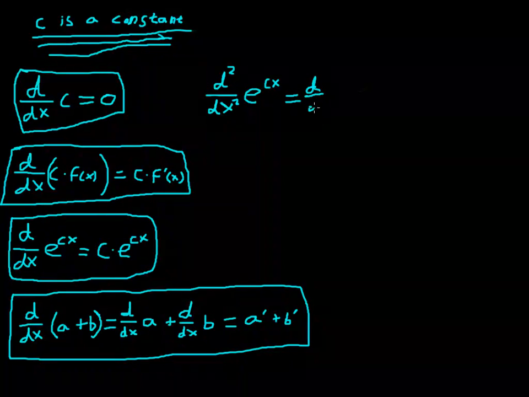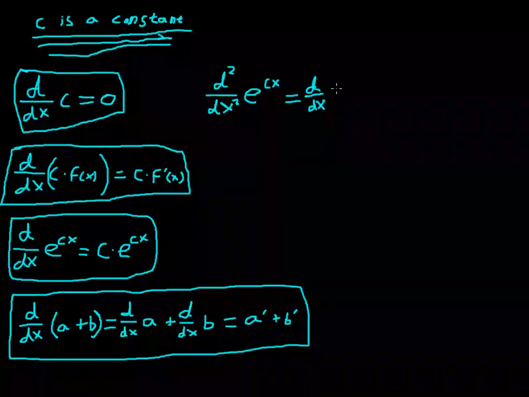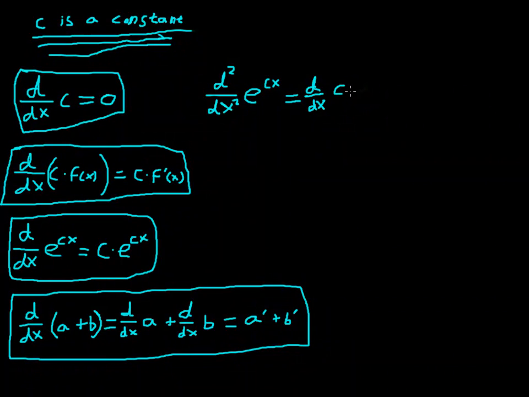So it's d by dx of the derivative of e to the cx, which is c e to the cx.